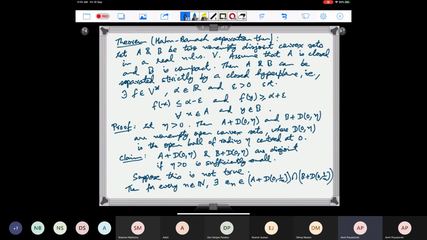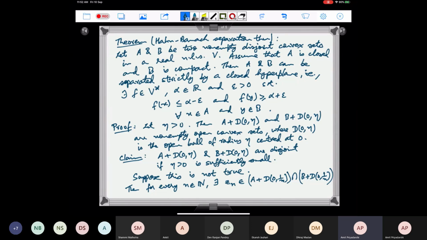What we are asking is that suppose we don't have a normed linear space, we only have any metric space, and then we have a closed set and a compact set. Then can we separate them by disjoint open balls containing A and B?